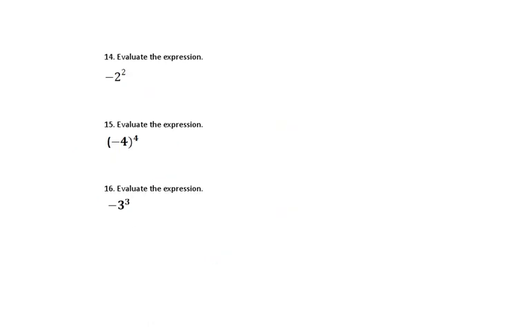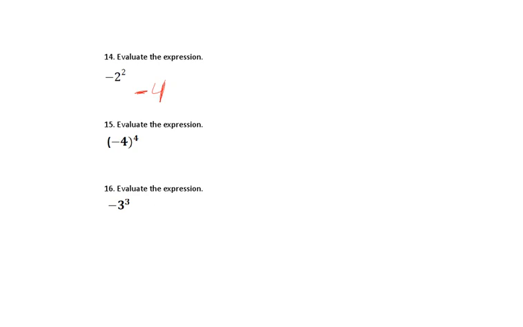Alright, number 14, I'd like to evaluate the expression. 2 squared is 4, but the negative's on the outside, so the answer is negative 4. I want to talk to you about this because although you may think you know the answer, if you have a calculator, put it in the calculator.